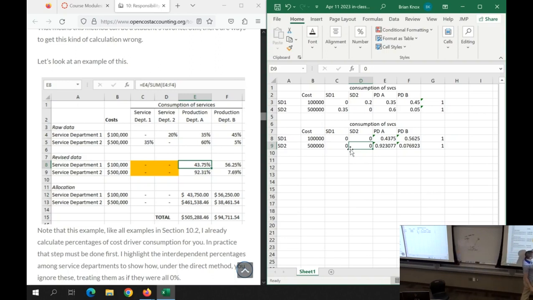And so what we have to do is say, well, if that's the denominator, just the work done for production departments, we need to get new percentages, because at the end of the day, we need this to be 100% because we're going to take 100% of this cost and push it to production departments. Give responsibility for it to production departments, to the profit center managers. So we need new percents that will lead to 100% of this cost being allocated to those production department managers.